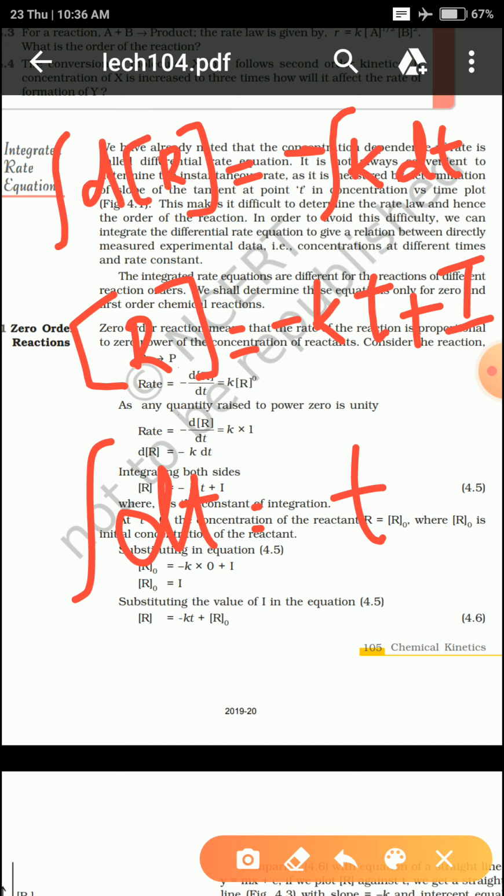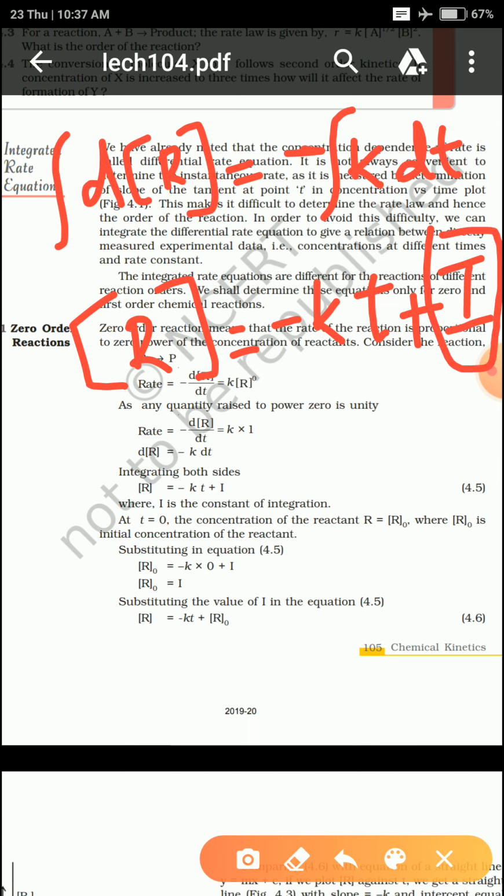The same methodology is used: the integral of 1 dx is x itself. So we get minus Kt plus I, where I is an integration constant. For every integration you put an integration constant at last.